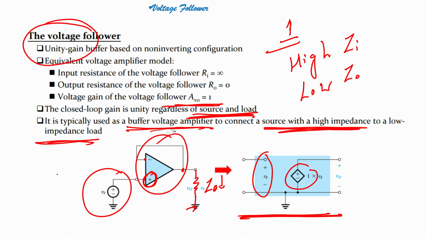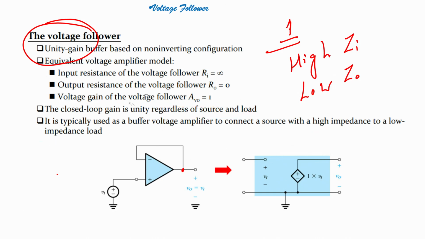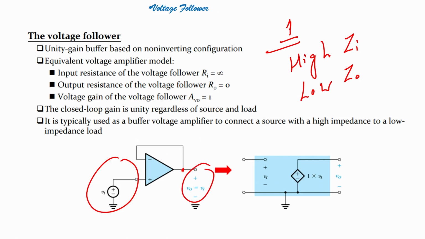Unity gain amplifier is also used as a last stage of most of the amplifying circuits, because it is a voltage follower, and it can be connected to any load which will draw a lot of current, but the voltage at the input will be the same at the output. Whatever voltage is at input, it will follow at the output.